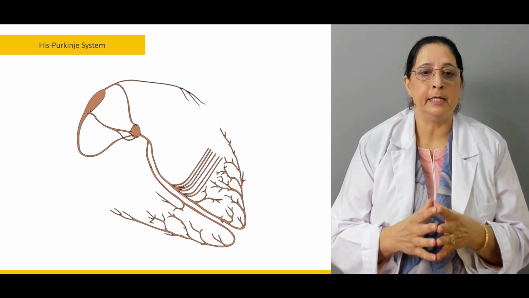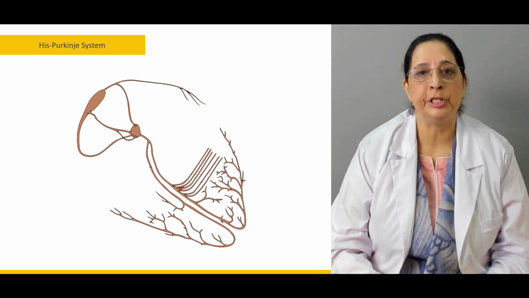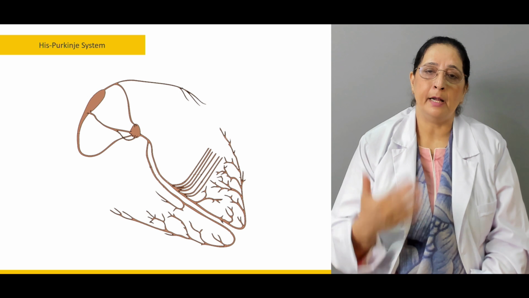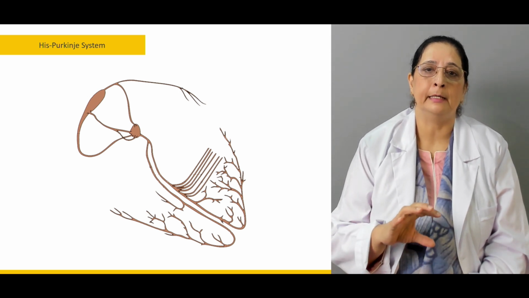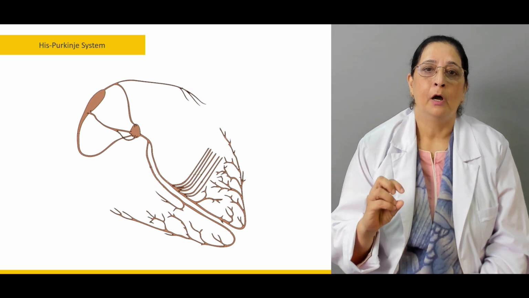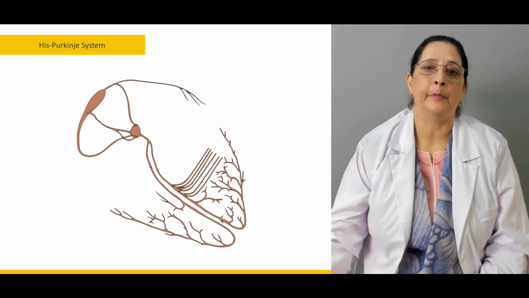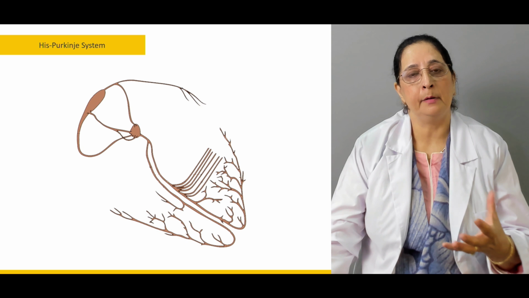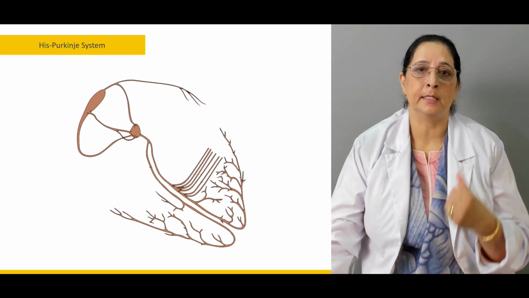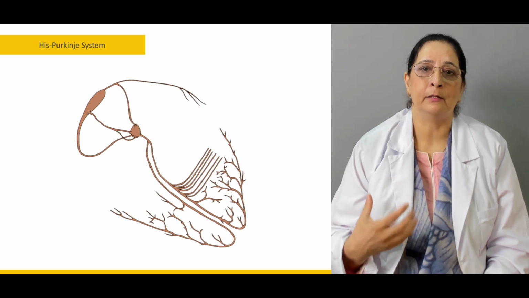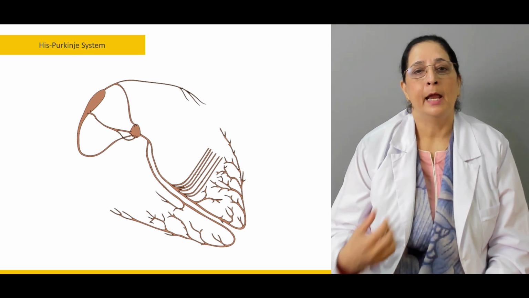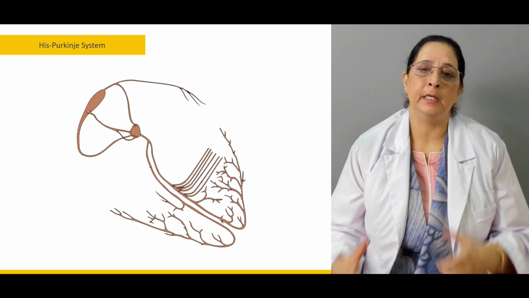So first, the His-Purkinje system is the bundle of His and the Purkinje fibers that lead to the conduction of electrical impulses to the different heart muscles, and those heart muscles then contract, generate the rhythm, and pump the blood out of the heart.